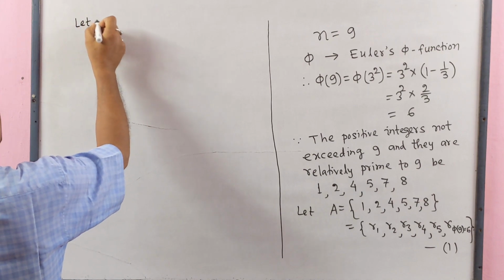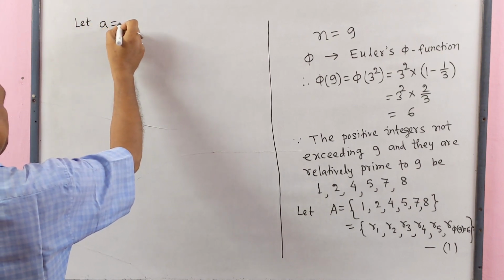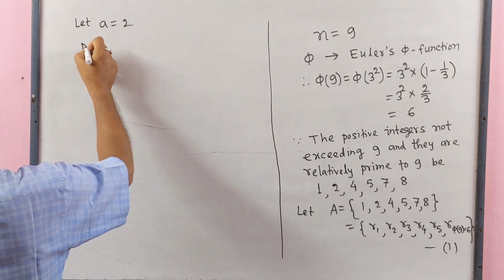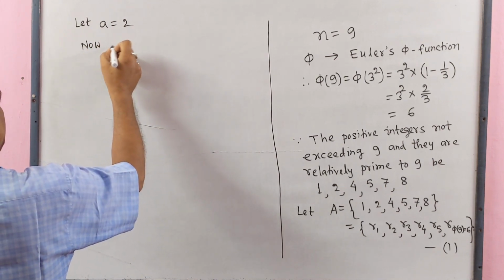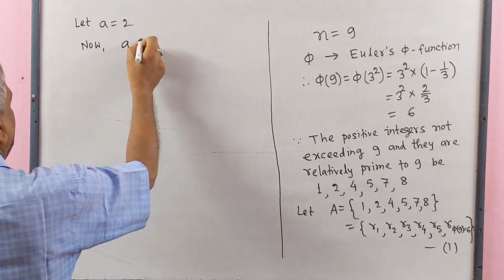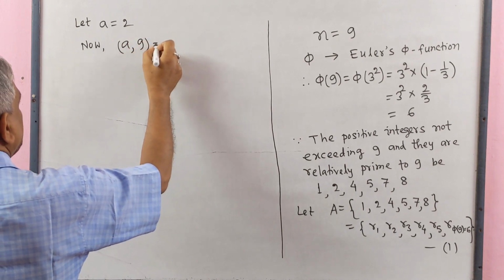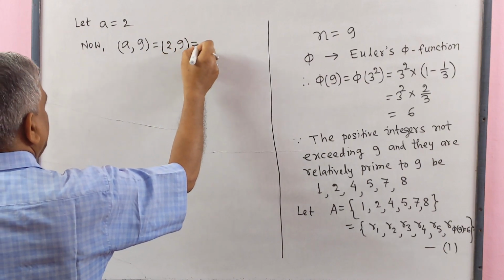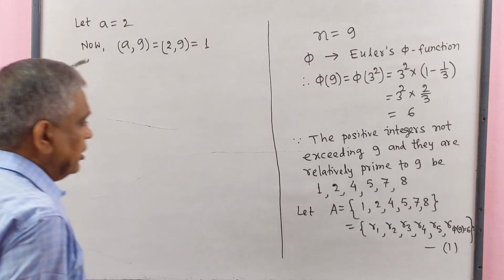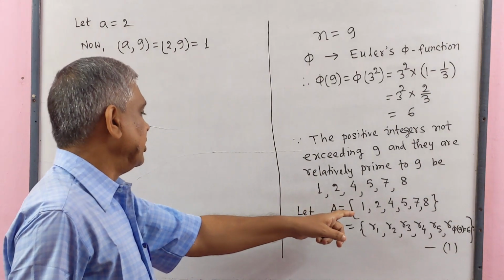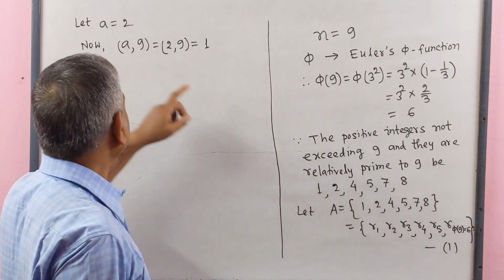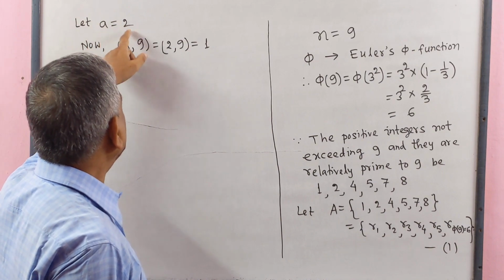Let small a equal to 2. Now, GCD of a and 9 equal to GCD of 2 and 9, and this equals 1. Now we multiply each element of the set A by a, that is by 2.